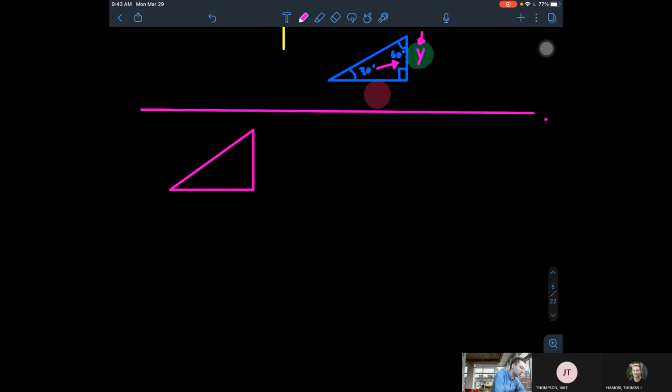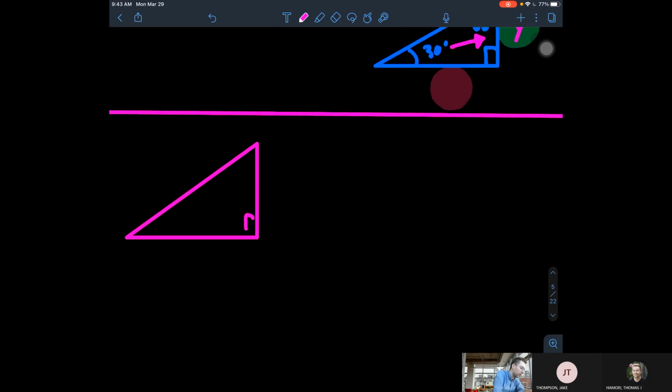The first special right triangle was if one of the angles is 45 and the other angle is 45, then we have a 45, 45, 90 triangle. And the length of the sides obey a special rule. The rule is that if the length across from the 45-degree angle is x, then the length across from the other 45-degree angle is the same length, x, and the length of the side which is across from the 90-degree angle is x times the square root of 2.